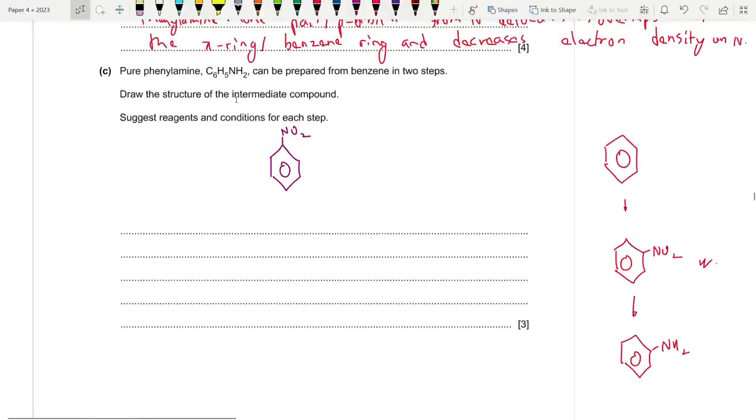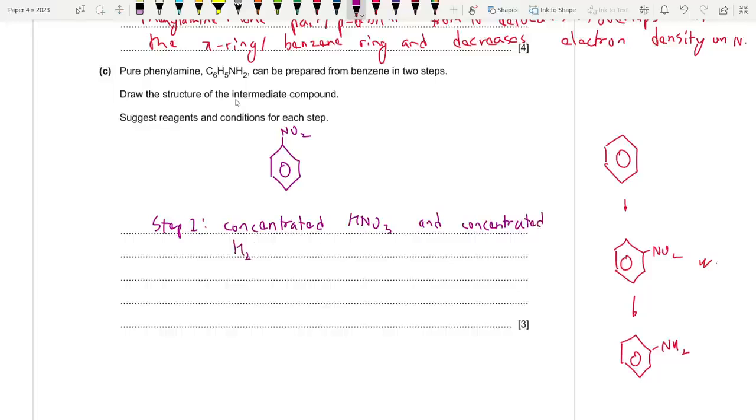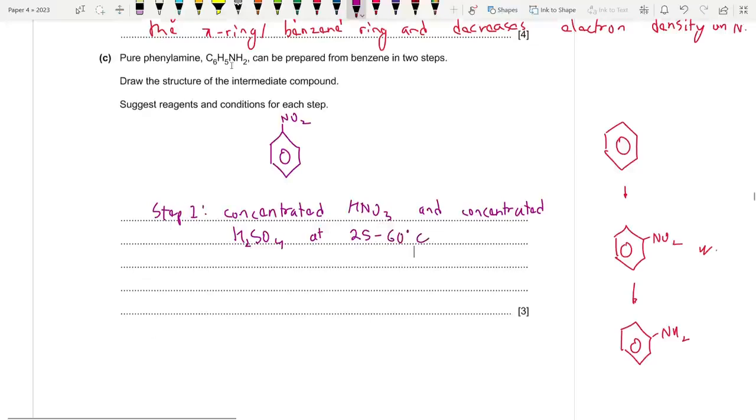So what's the condition for step 1? Basically, it's concentrated nitric acid and concentrated H2SO4, and the temperature is 25 to 60 degrees Celsius, anything in between this range. Okay, you can write 55 degrees Celsius.